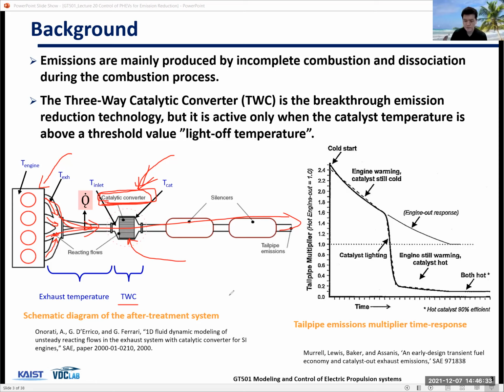So that's what has been happening over the last few decades, and we still do that. But if you warm up the converter using exhaust gas, it'll take some time to activate the converter, right? And especially if you want to warm up the converter faster, then what should you do?